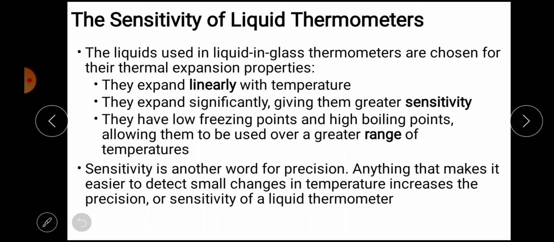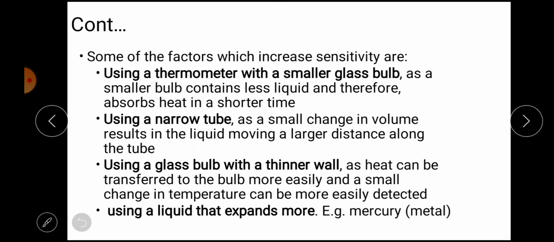Sensitivity is another word for precision. Anything that makes it easier to detect a small change in temperature increases the precision or sensitivity of the thermometer. Let us look at four factors which increase the sensitivity. Number one is using a thermometer with a smaller glass bulb, as a small bulb contains less liquid and therefore absorbs heat in a shorter time, making it more sensitive.